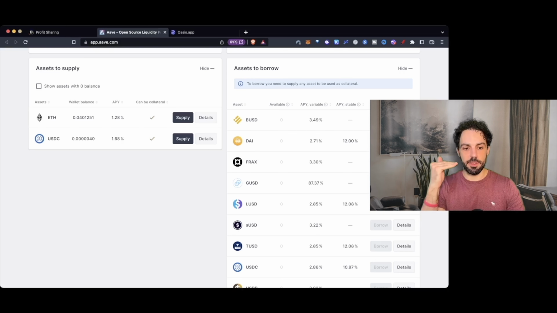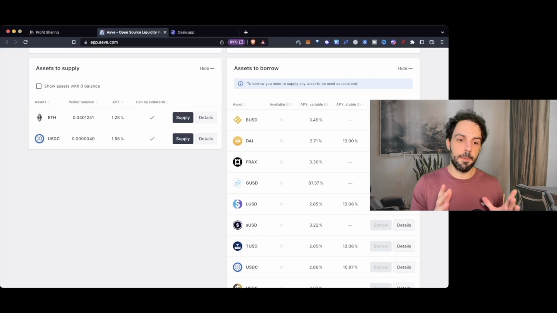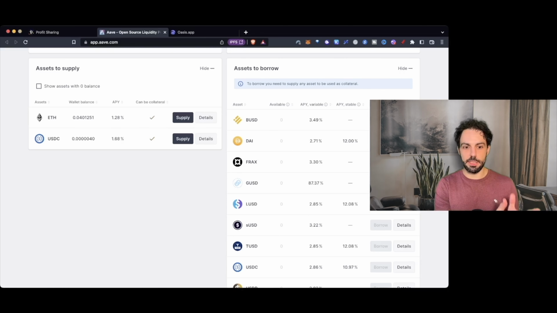And if the value of Ethereum goes below the threshold, what happens is simply that the protocol will take your Ethereum, sell it on the market, and repay the debt. So as you can understand, people can deposit cryptos that will be used as collateral, enabling you to borrow some other crypto.